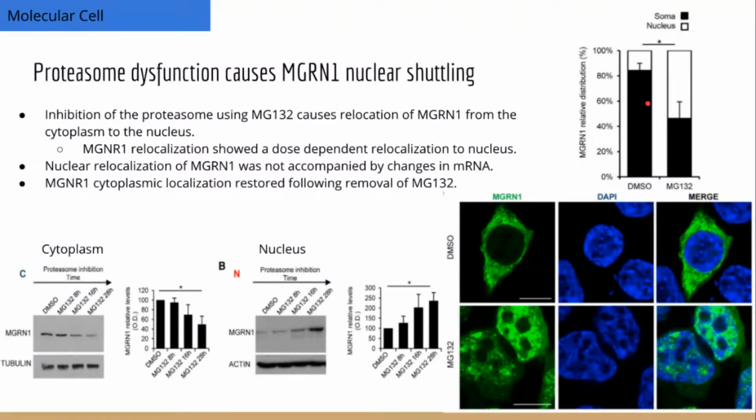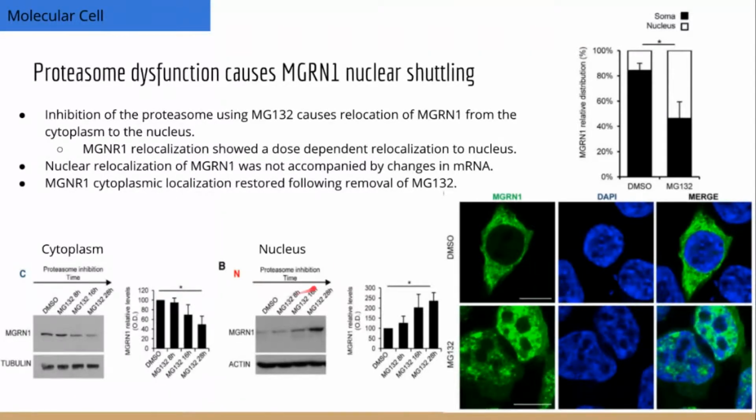Next, they decided to look at the cytoplasmic and nuclear fractions so that you can see over time. So 28 hours after MG132 treatment, we see almost no cytoplasmic MGRN1 as indicated by this Western blot of the cytoplasmic fraction. And in graphical format, we also see a time-dependent decrease in the amount of MGRN1 in the cytoplasm following proteasome inhibition.